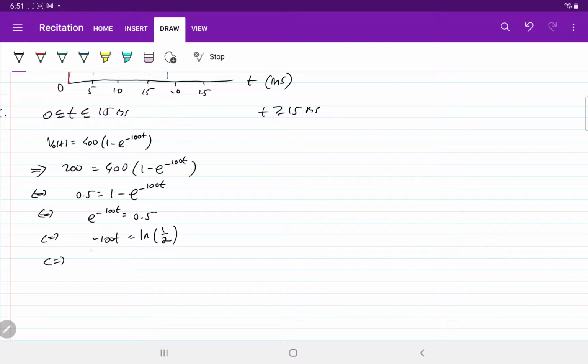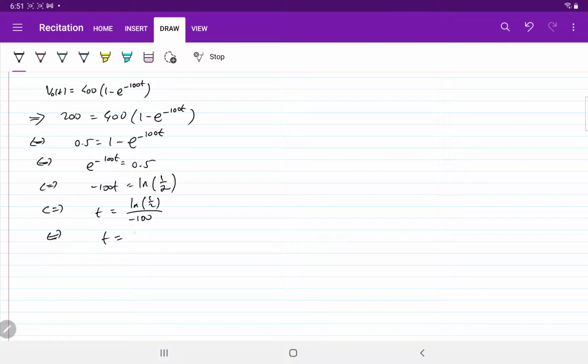So t is simply log 1/2 over minus 100. Log 1/2 is minus 0.6931 something, so t is 6.931 milliseconds. Those are the steps, so let me indicate it with t1.